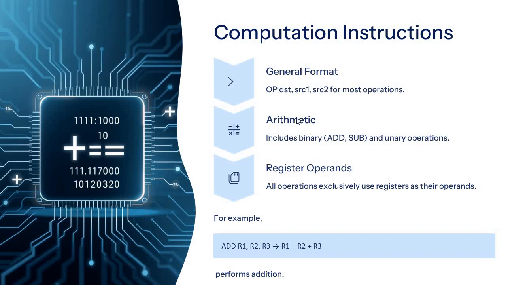For example, add R1, R2, R3. This translates to R1 = R2 + R3. Here a key point to note is all operations use registers only. Memory is not used directly during arithmetic. This is consistent with most real-world architectures which favor register-based computations for speed.